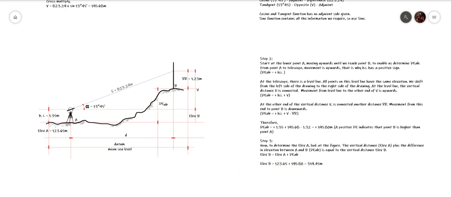Substituting the values, we have elevation B equal to 123.65 plus 195.80, equal to 319.45 meters.